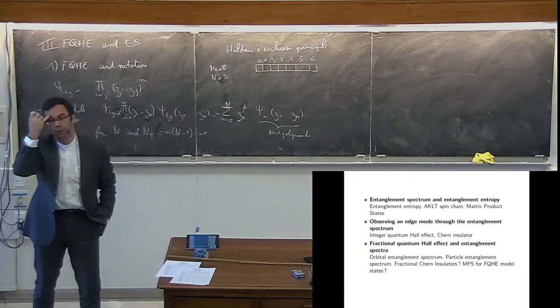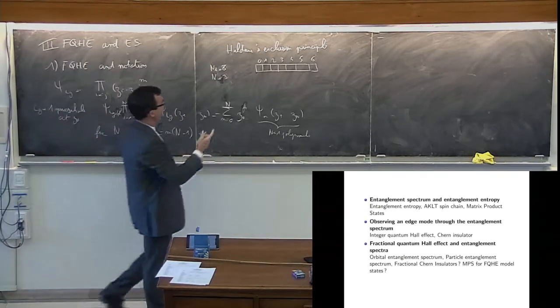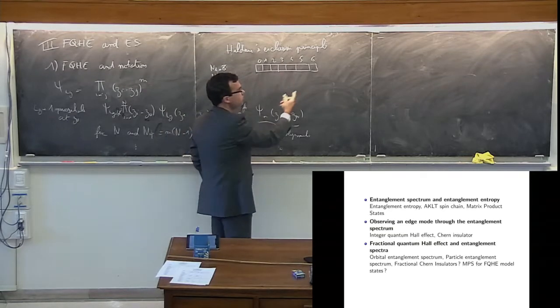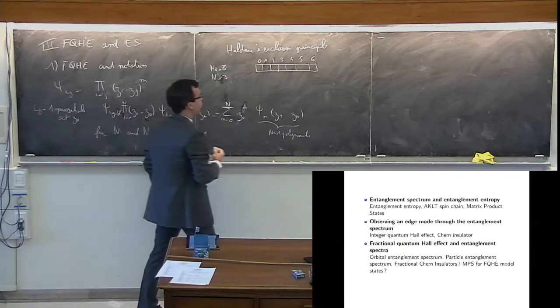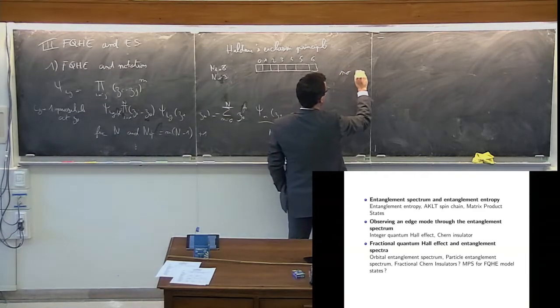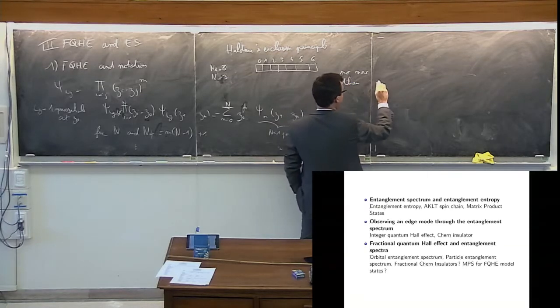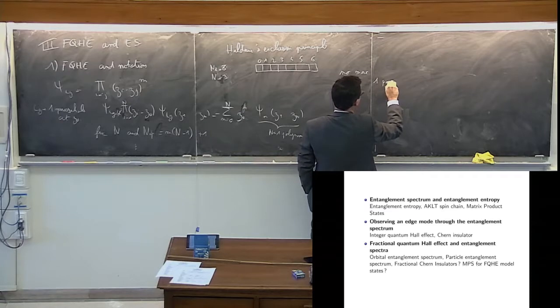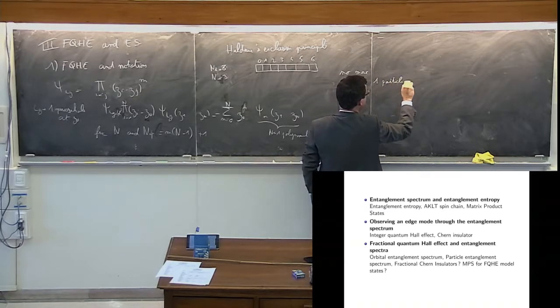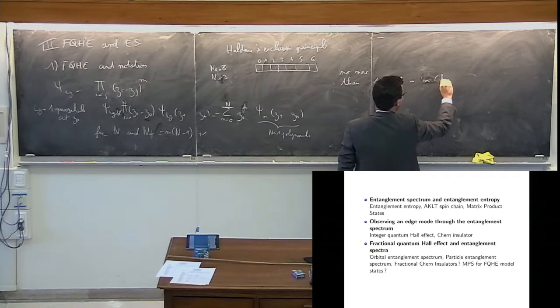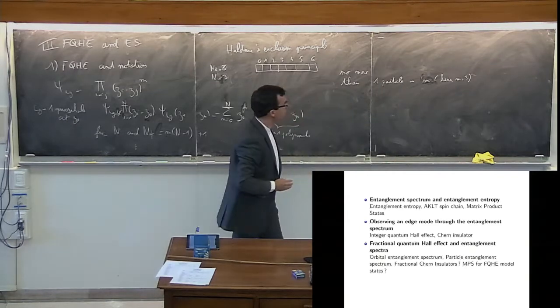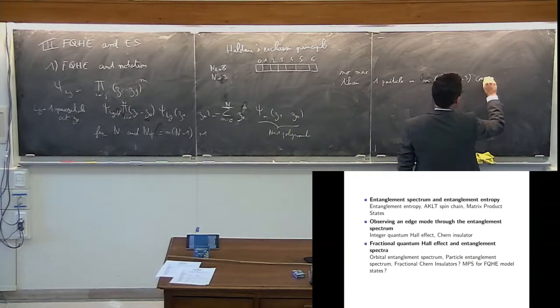The rule of the game is the following. You have 3 particles that you can put, you can create any configuration here that involves 3 particles, but it should obey the following rule. No more than one particle in M consecutive orbitals. Here we look at the Laughlin state 1/3, so we take M equal to 3.